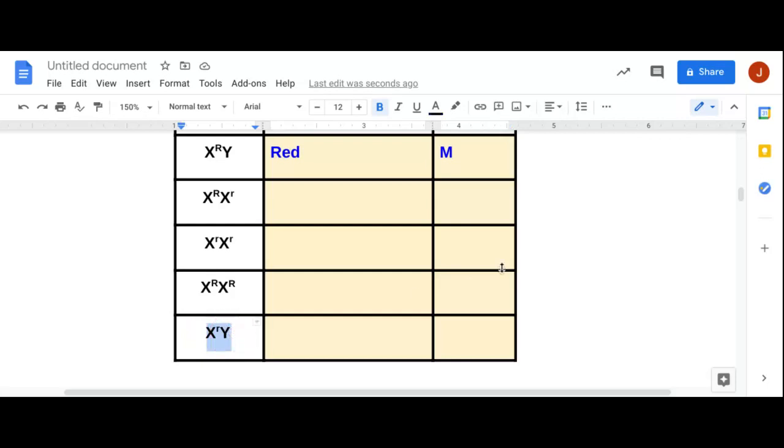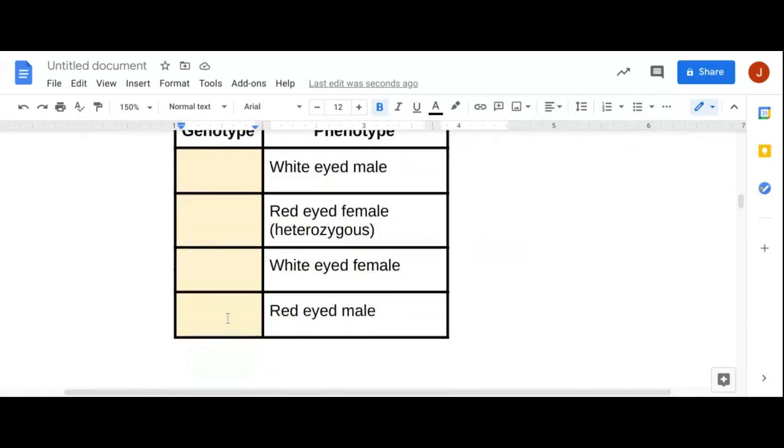X little r, Y. Control C. Control V. That's what I want you to do. I'm going to type it in here. Control plus C to copy. Control plus V to paste.